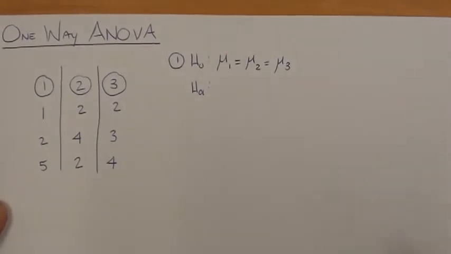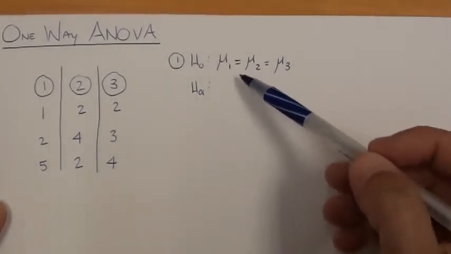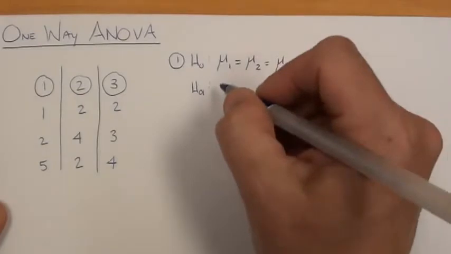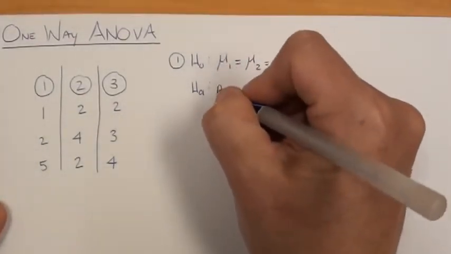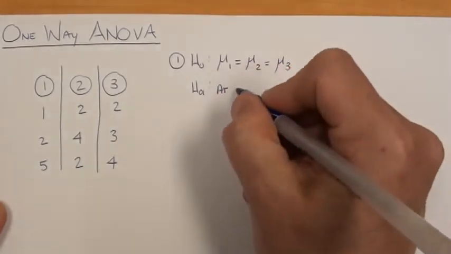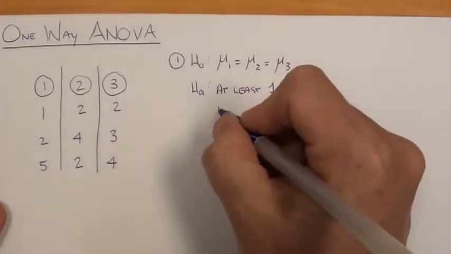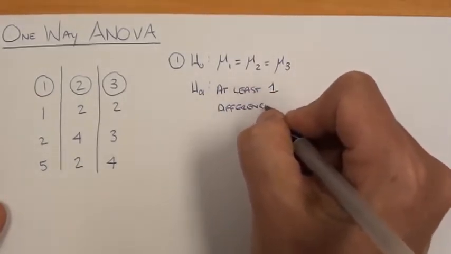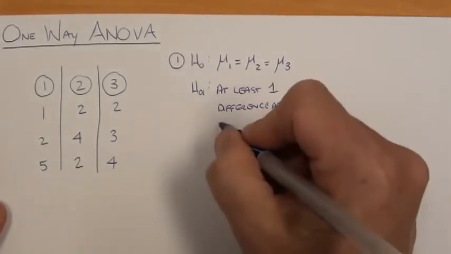Now alternatively, since we have 3 means, there can be a lot of different alternative outcomes. And so at this point, we're not going to make any specific hypotheses. We're going to alternatively hypothesize that there is at least one difference among the means.